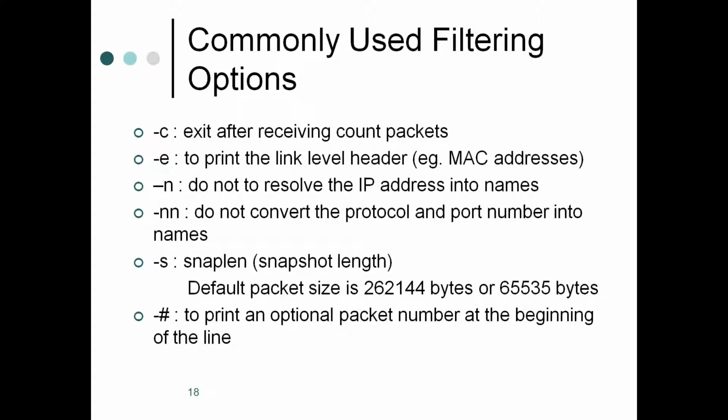The first is very useful. This is called -c. This is used to define how many packets I want to capture. You can set any number. You can say I want 100 packets, 200 packets, 500 packets. After that, the capture will automatically stop on its own. You don't have to use Control-C.